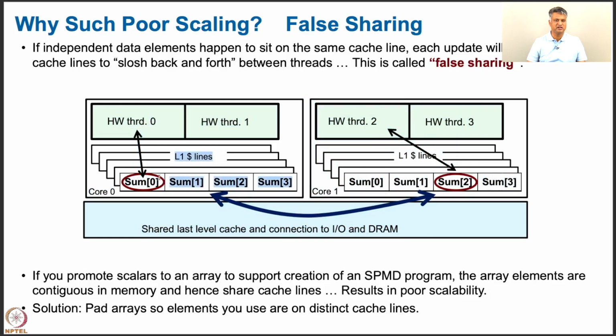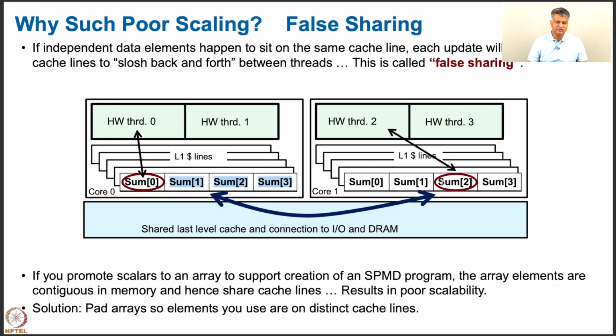And to maintain consistency, when thread 2 is writing into sum 2, this has to be copied back onto the other core's cache. So this will result in some sort of sloshing back and forth between threads, and this is called false sharing. This slows down the program to a large extent. So how do we get rid of this?